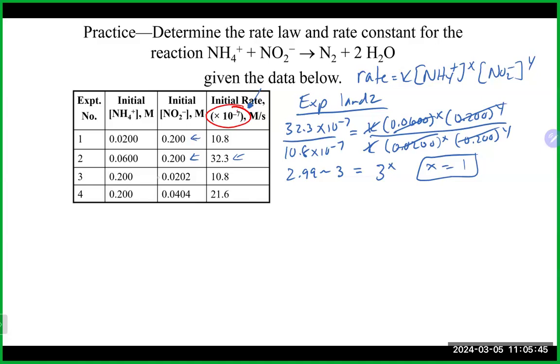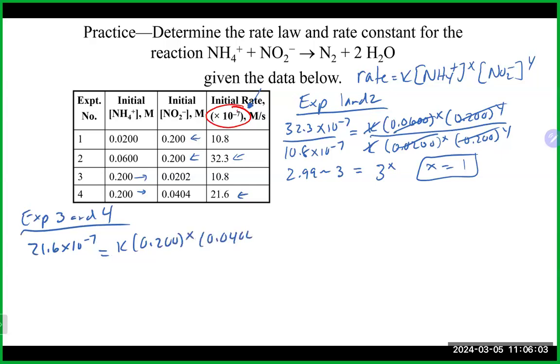Now coming here, we're going to go with 3 and 4 here, where NH4 plus is constant. So experiments 3 and 4. Going to go with this one up on top, which is the larger. So 21.6 times 10 to the minus 7 equals K 0.2 to the X, 0.04404 to the Y. Going to go with the other one there on the bottom.